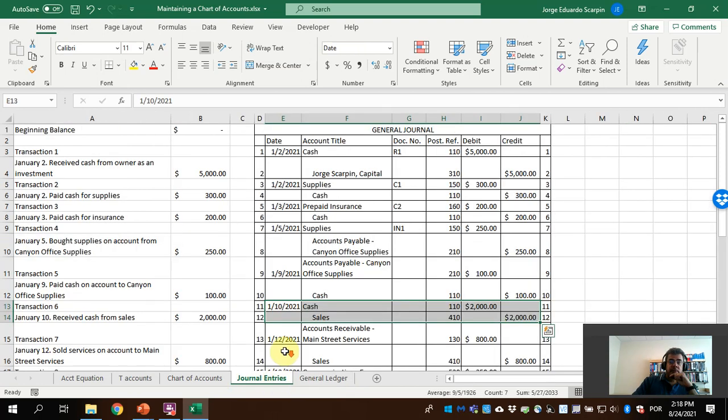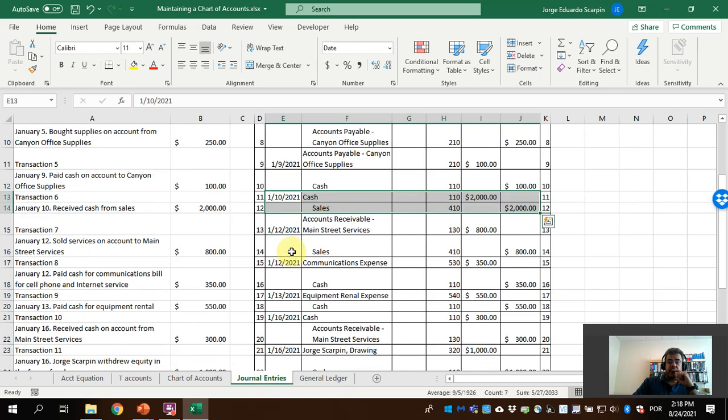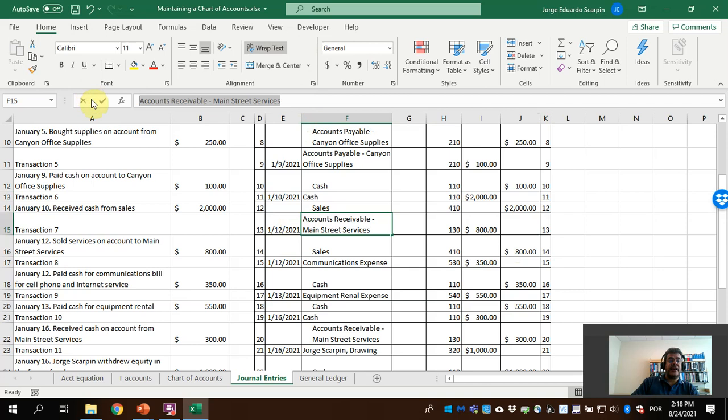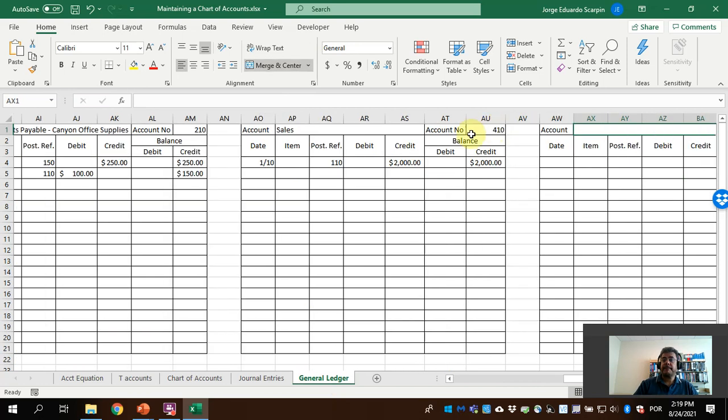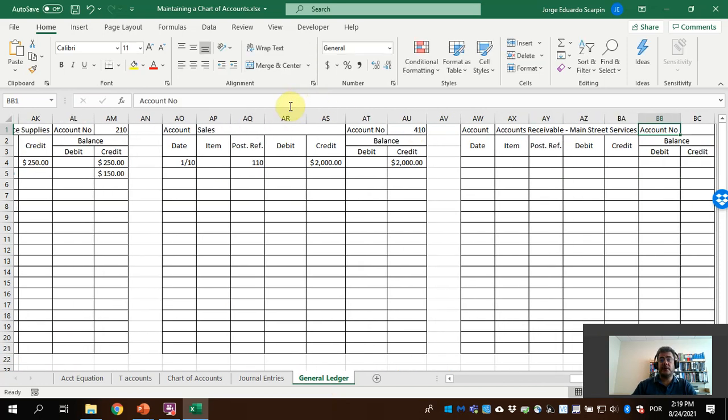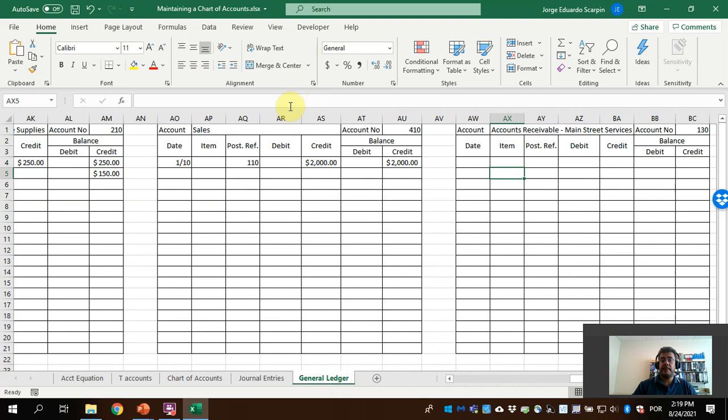Next one. Oh, almost 1, 2, 3, 4, 5, if I'm not wrong. Accounts receivable and sales. So accounts receivable, we have no ledger yet, so 130. Accounts receivable, 130.